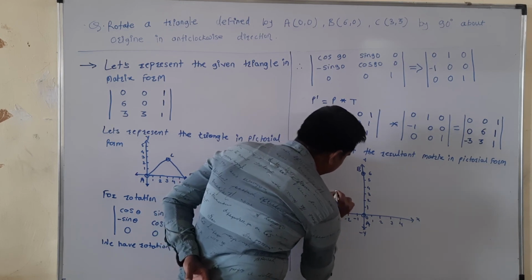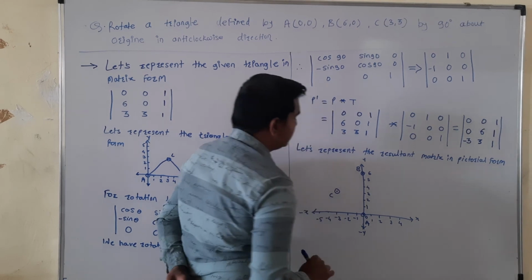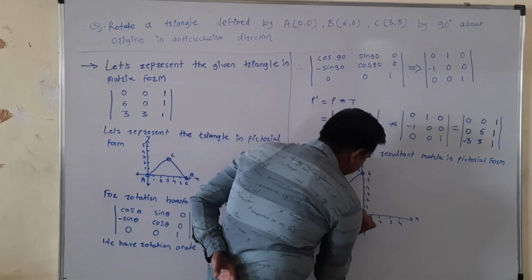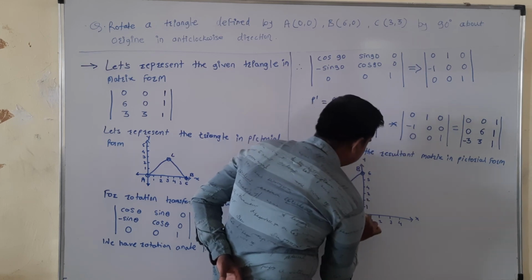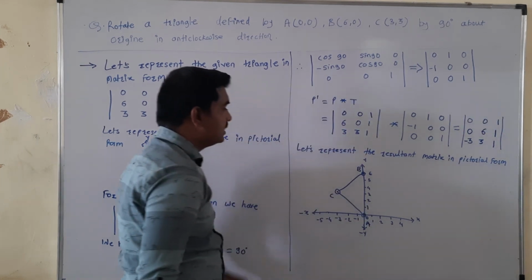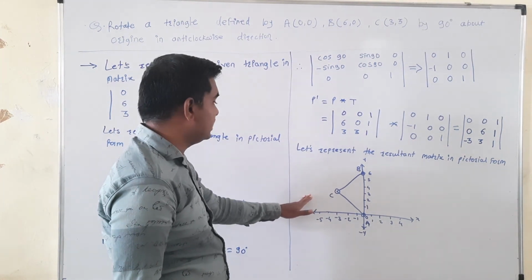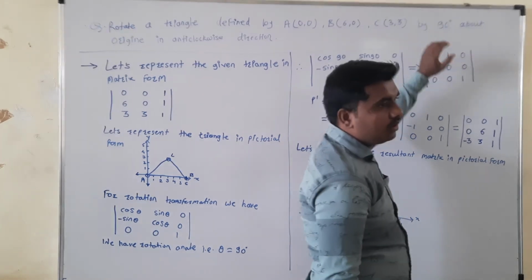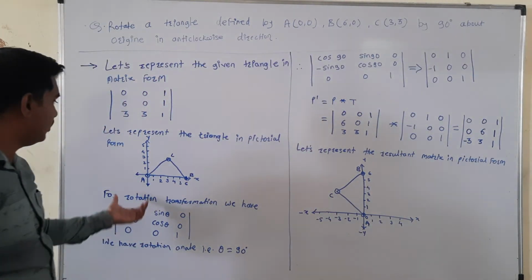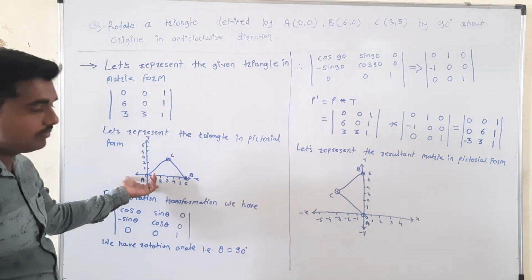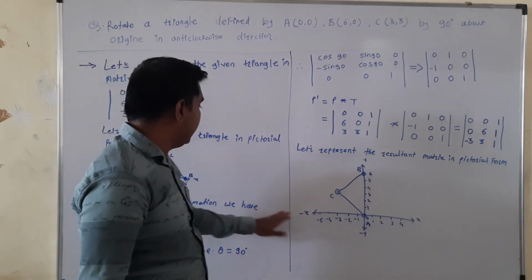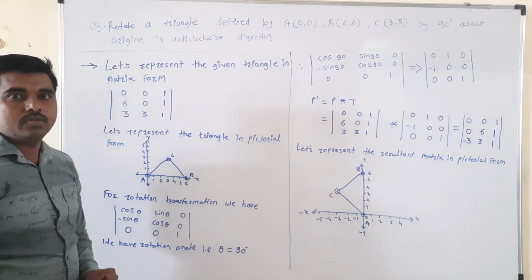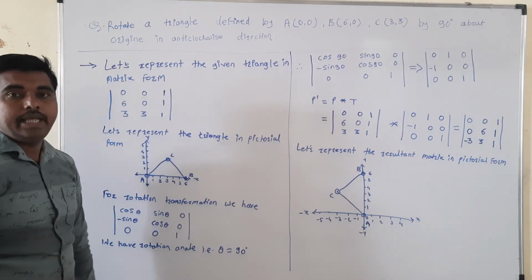Here we get our third point, that is C. Let's join these points like this. This is our resultant object, the object we get after rotation by 90 degrees. Originally the object looks like this, and after rotation by 90 degrees our object looks like this. So thank you for watching.